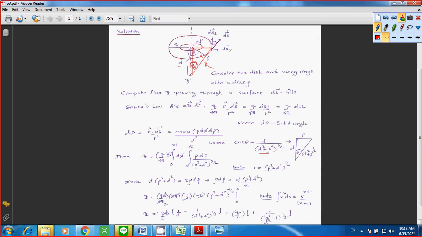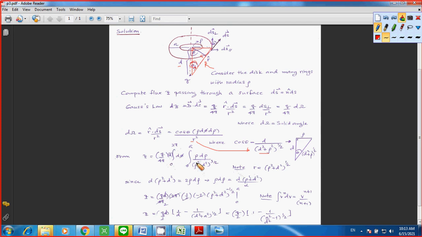And also you have r squared here, so that becomes r to the power of 3. You put r in terms of d and rho, becomes rho squared plus d squared.